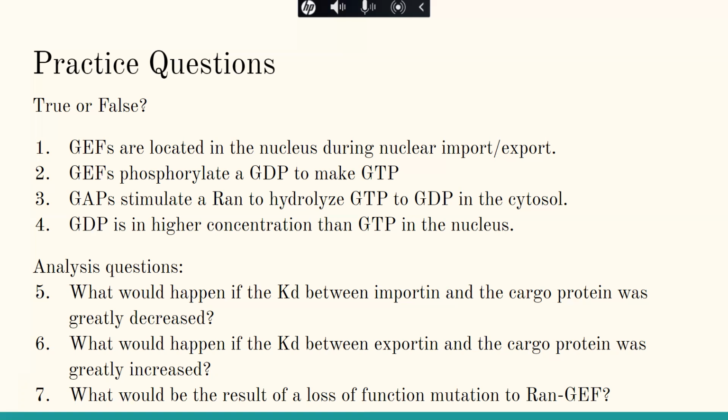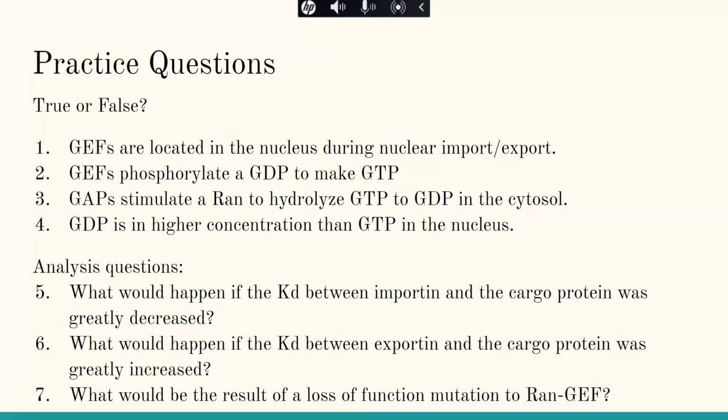If the KD is greatly increased, the affinity will decrease between exportin and cargo, because of that inverse relationship. So it'd be more likely to let go of the cargo protein when it's in the cytosol. I don't know if it would let go of it too early. I don't think it would, but I don't think you need to know that. I was just thinking about it. So the affinity would be lower between the two.